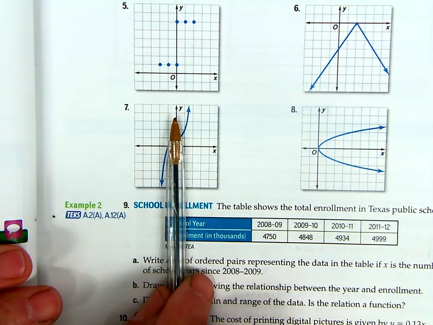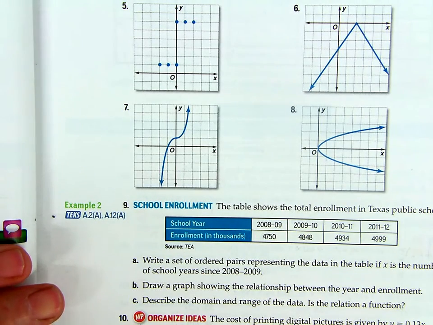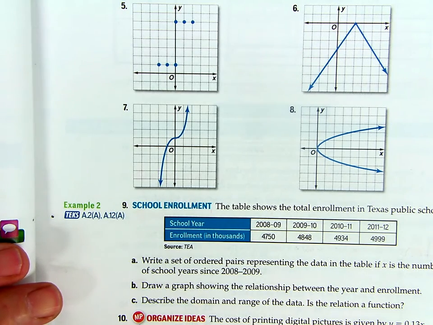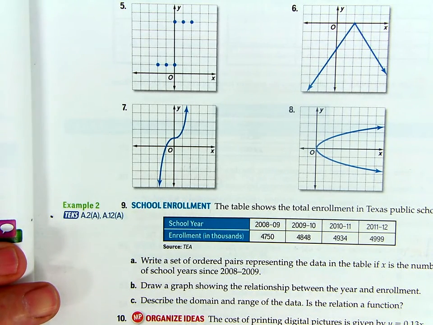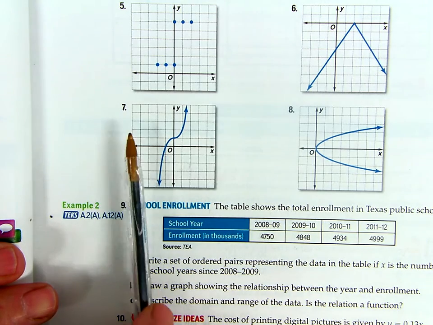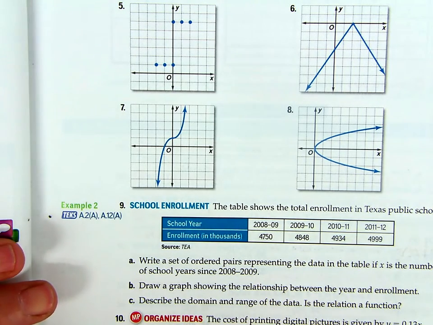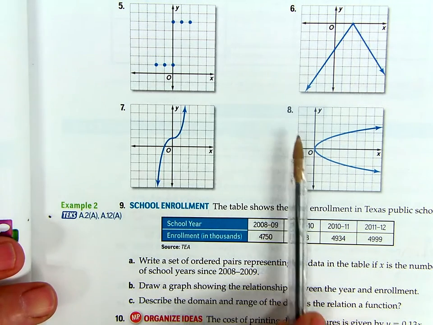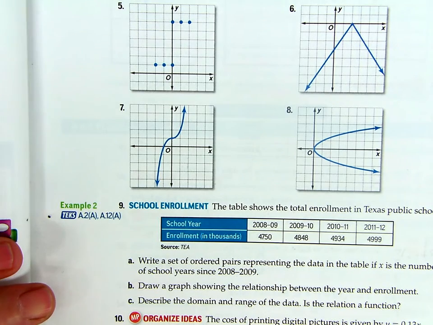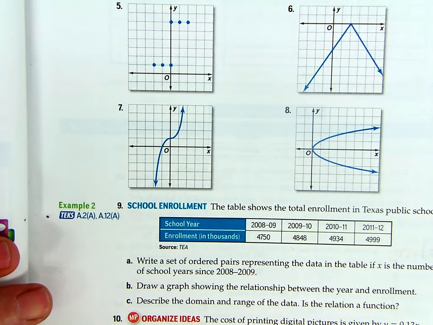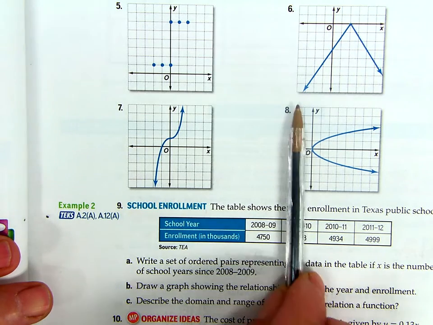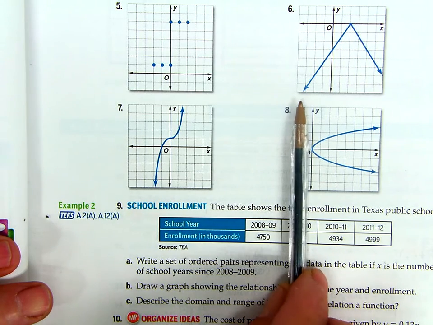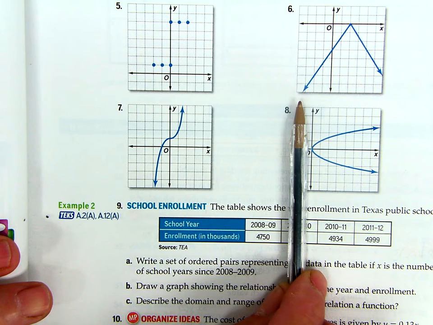What about number 7? Yes. How come? That's not the test that we use on the corner. Passes the vertical line test. What about number 8? No? How come? It fails the vertical line test. Right, so I could draw a vertical line right here. It does not touch my graph at all. That's okay.